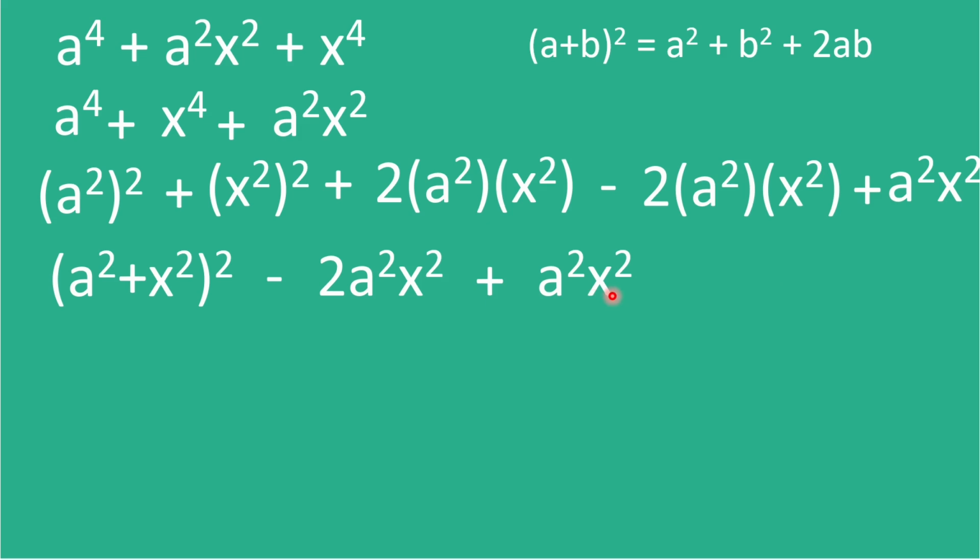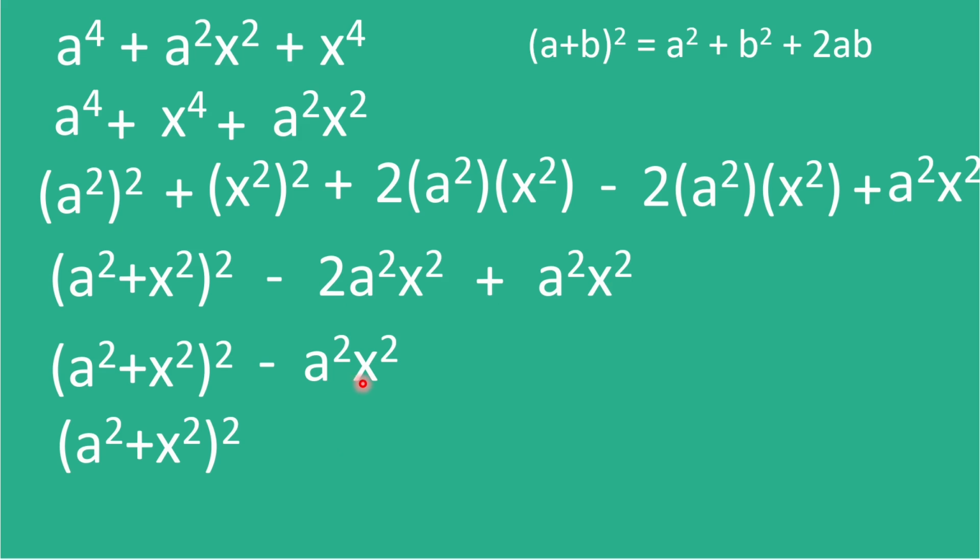Now minus 2a square x square plus a square x square is equal to minus a square x square. And then we can write this a square x square as ax all squared.